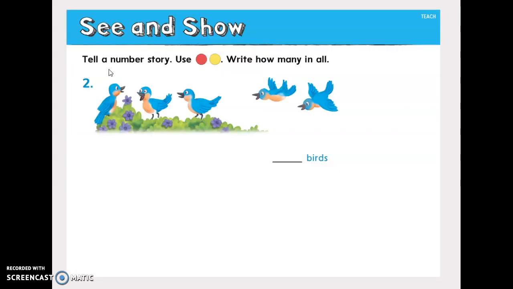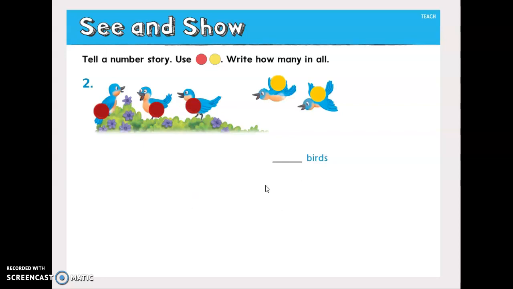Okay, tell a number story. Use counters. Write how many in all. So this time I want you to come up with a number story with these birds. So there are 3 birds in the grass, and 2 birds joined them.